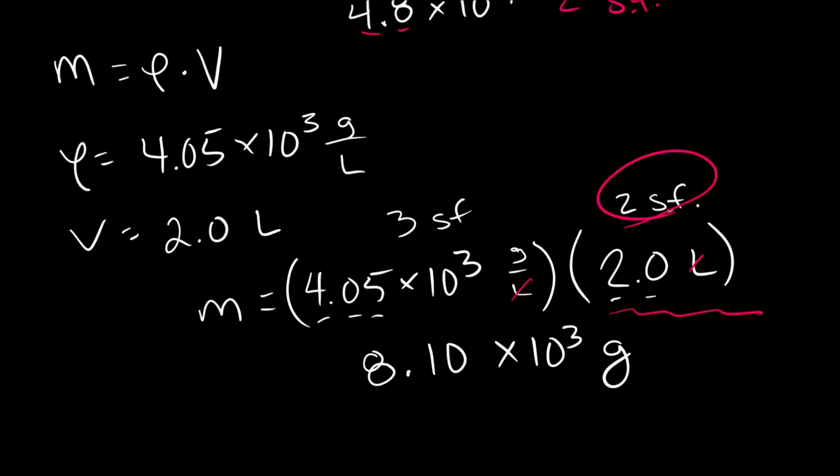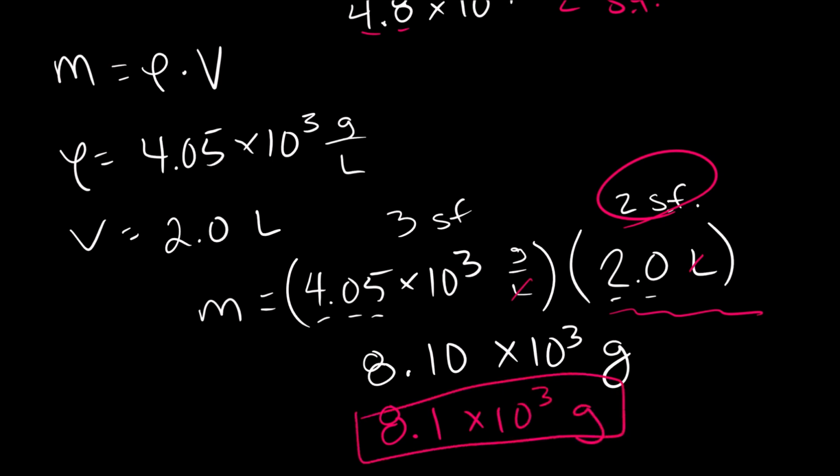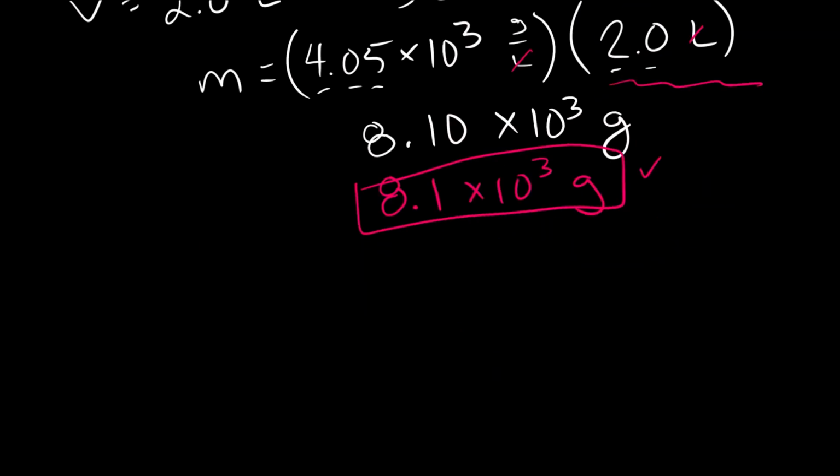We had 2 sig figs with our 2.0 liters, which means I must report this as 8.1 times 10 to the 3 grams. So the sig figs need to match the one that has the fewest when you're multiplying. The same rule applies when you are dividing.